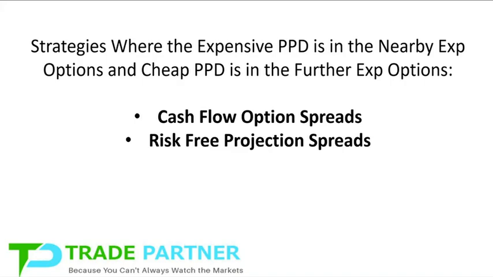It's a little bit more complex, but nonetheless, it's something that if you know what to look for, you go, okay, this is a risk-free projection opportunity, or it's an option insanity. You rarely have both existing at the same time with the same expirations, and certainly not the same strikes, right?